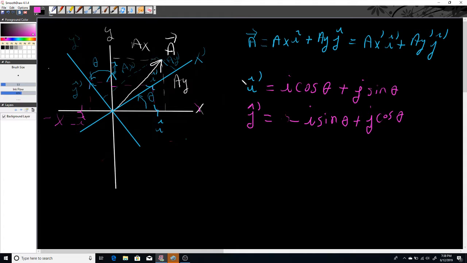So now that we know what these two things are, we can plug them in here and derive expressions for a of x prime and a of y prime in terms of a of x and a of y.